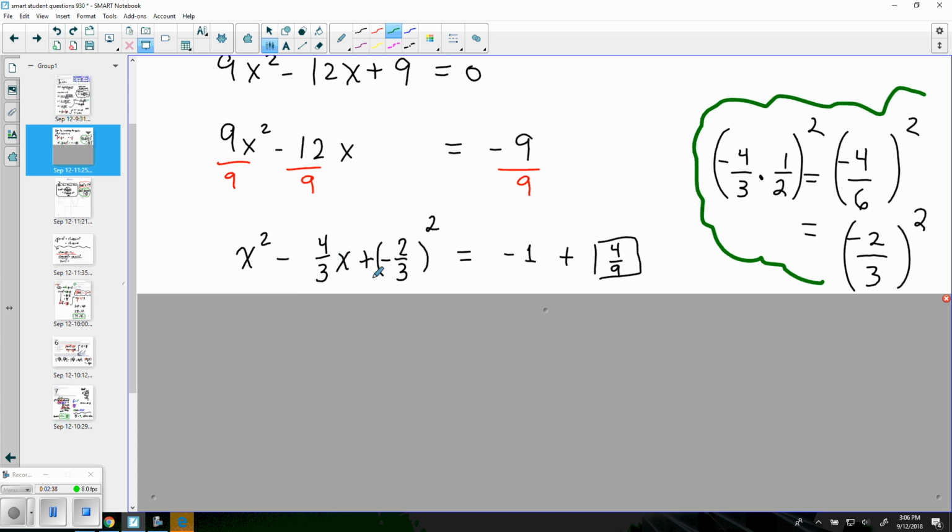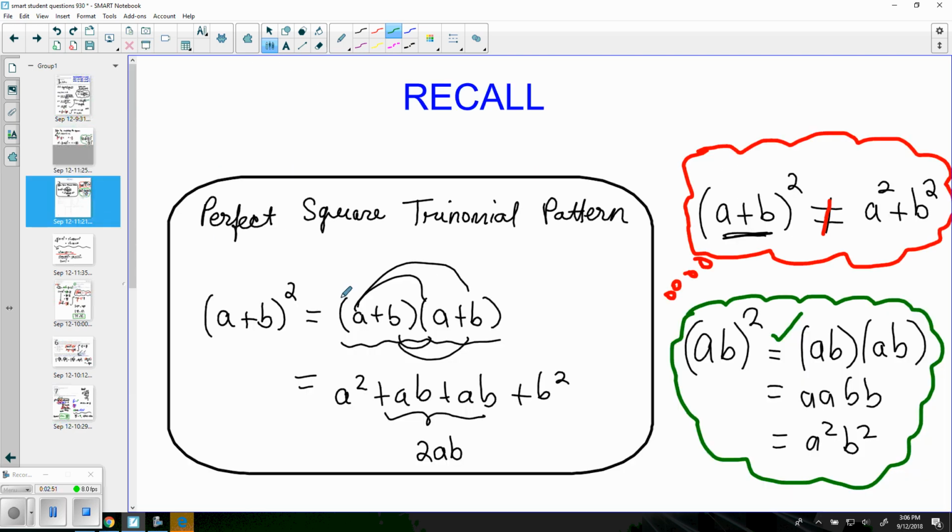Now, I had a question during class about why we always have to take half of that middle coefficient. And so when I get this question, I always refer back to the perfect square trinomial pattern. Our goal is to get something that looks like this so that we can take the square root of both sides, use the square root property to solve.